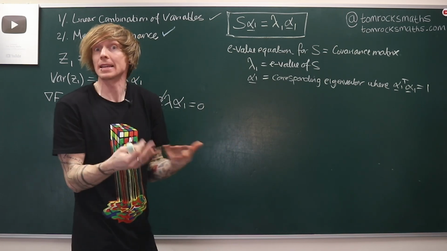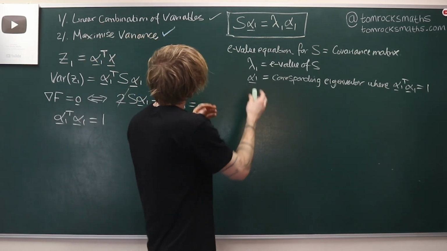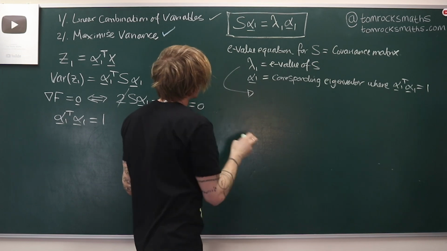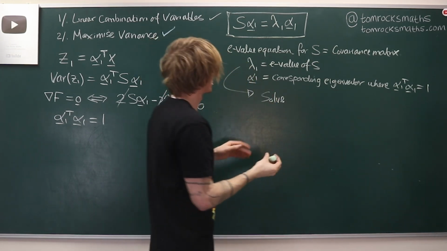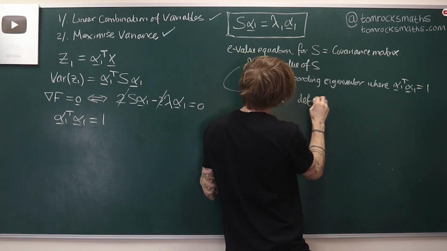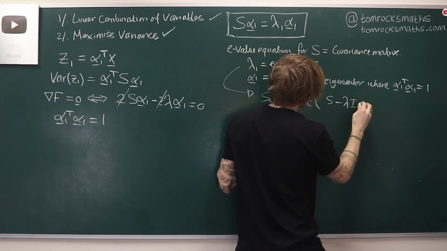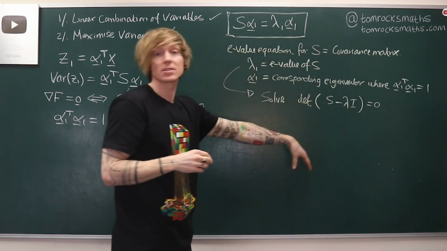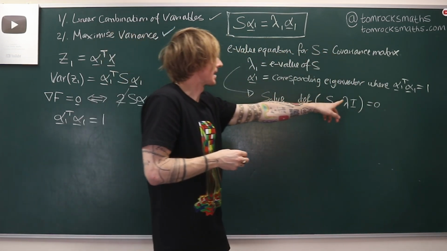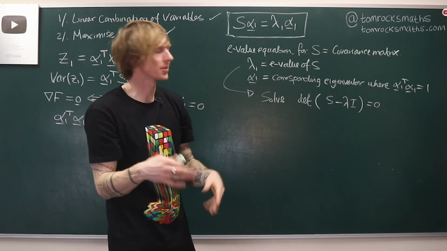So you proceed in the usual way. To find the eigenvalues, we solve the characteristic polynomial, which is that the determinant of S minus lambda times the identity equals 0. That then gives us a polynomial in lambda, and we solve for the roots of that polynomial, which give us the eigenvalues.